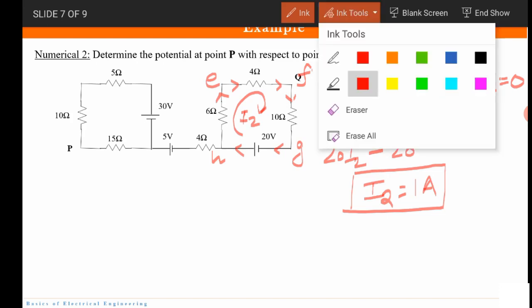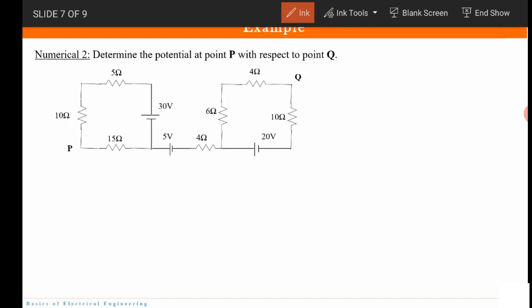Now there is a very important concept here. We have not written anything about this part. Why? Because this is an open loop. It is not a closed path. So no current flows through an open circuit, an open path. There has to be some connection here.